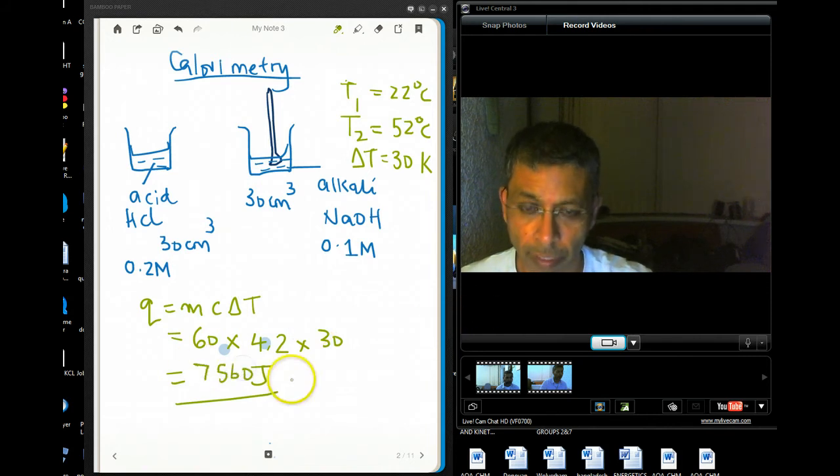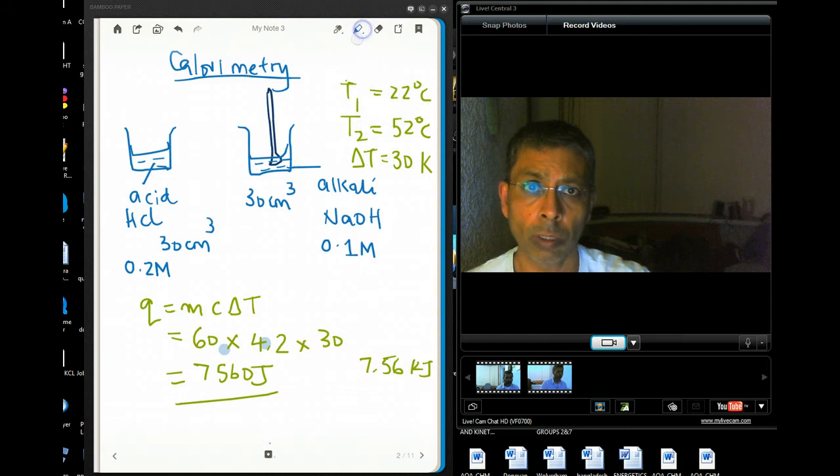You could change that to kilojoules now if you wanted to. Just divide by 1000, so it'll be 7.56 kilojoules.